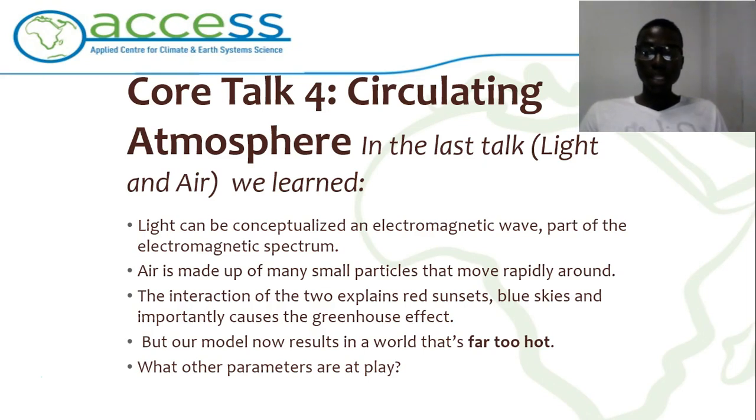And we learned that air is made up of many small particles that move around rapidly, and that the interaction between light and air help explain red sunset, blue skies, and most importantly, causes the greenhouse effect. But now our model resulted in a world that was far too hot. So now let us look at what other parameters are at play except for light and air.